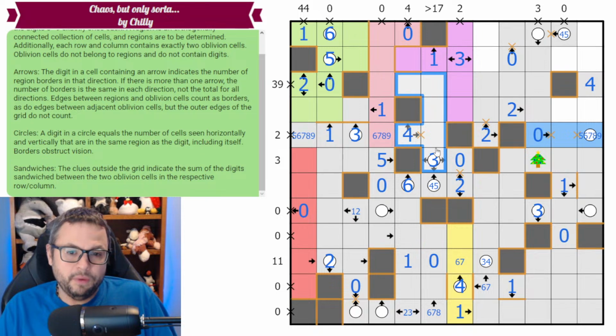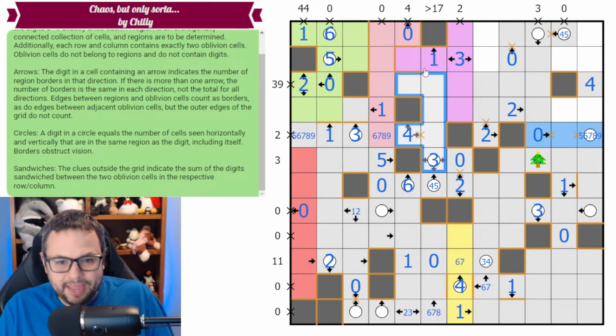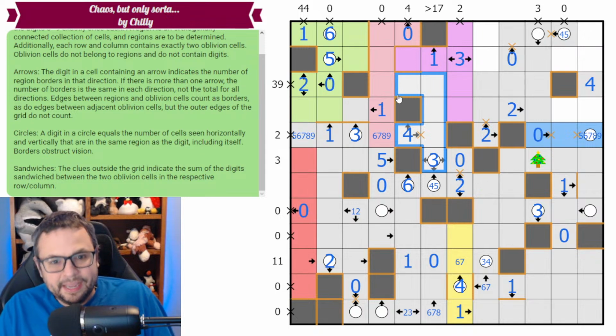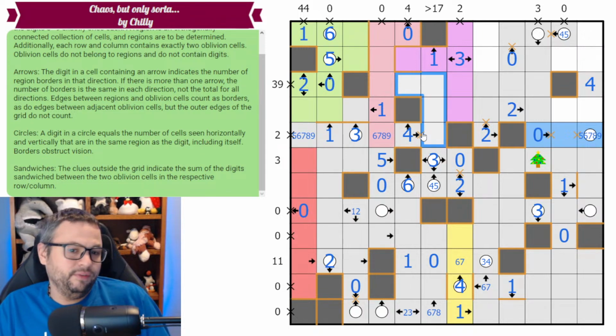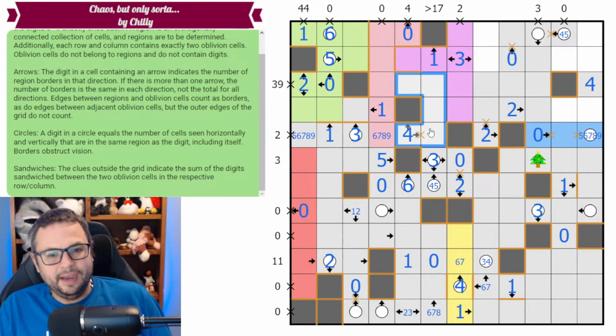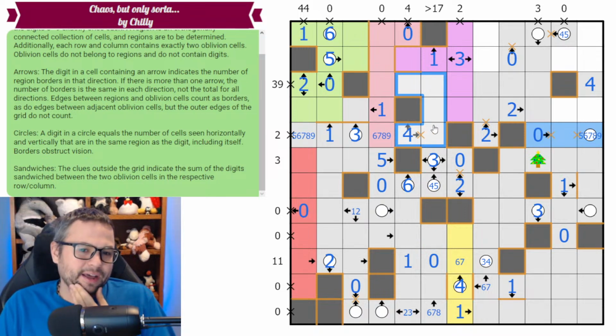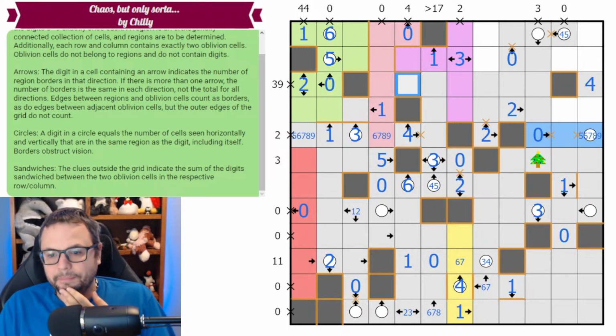Because now this 3 circle sees 4, and that's not even a bad look ahead to see, because we just follow it down the column, and now it's got to take something else, and so it's got to end up being there.